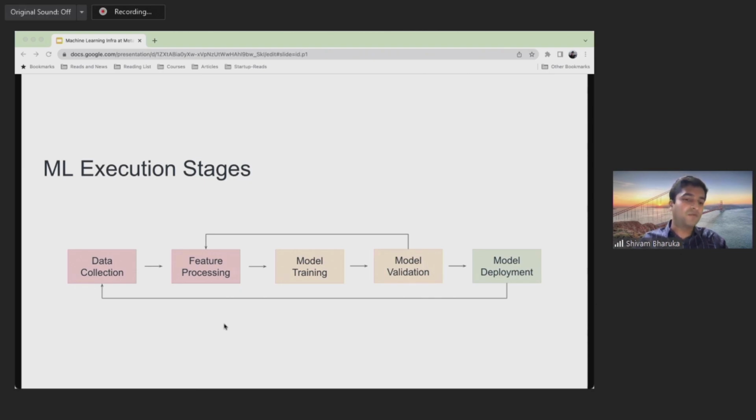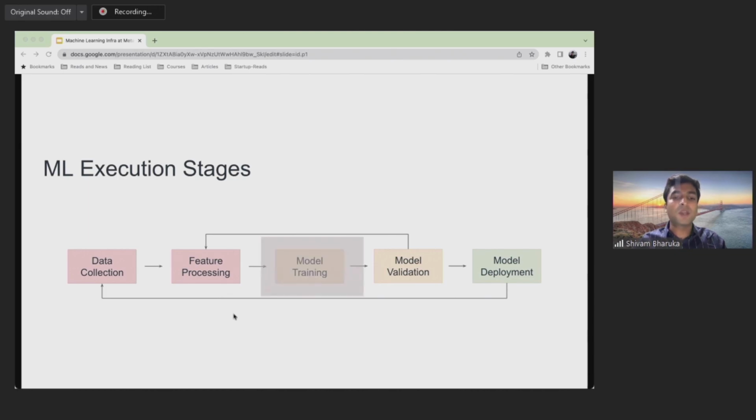Either a model is trained from scratch or an existing model is refreshed on new data. Once the model is trained, it's validated on additional data to ensure that the quality of the model is good. And then it is deployed into production, where it's performing real-time recommendations, rankings, translation, and so on.